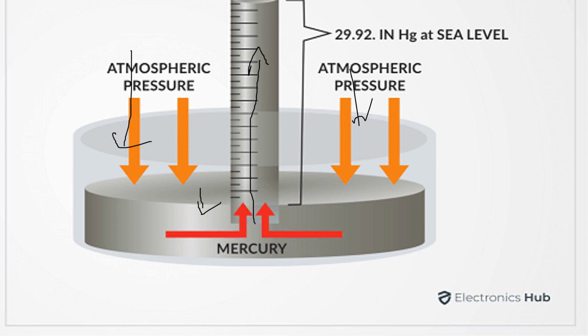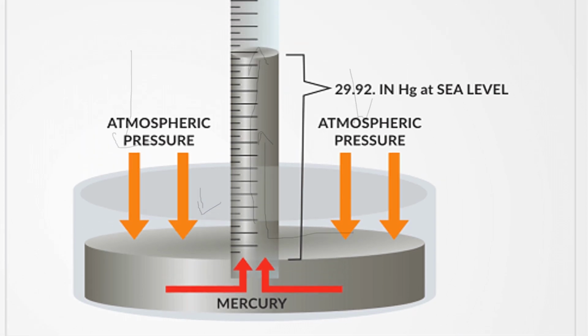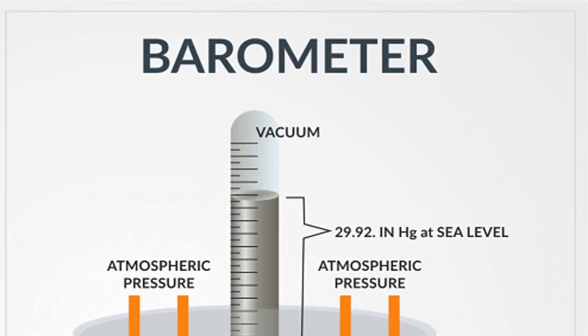Like the mercury will go into the tube. The more the pressure, the more the mercury will be filled. And at this point, we'll say that the pressure is the highest one.